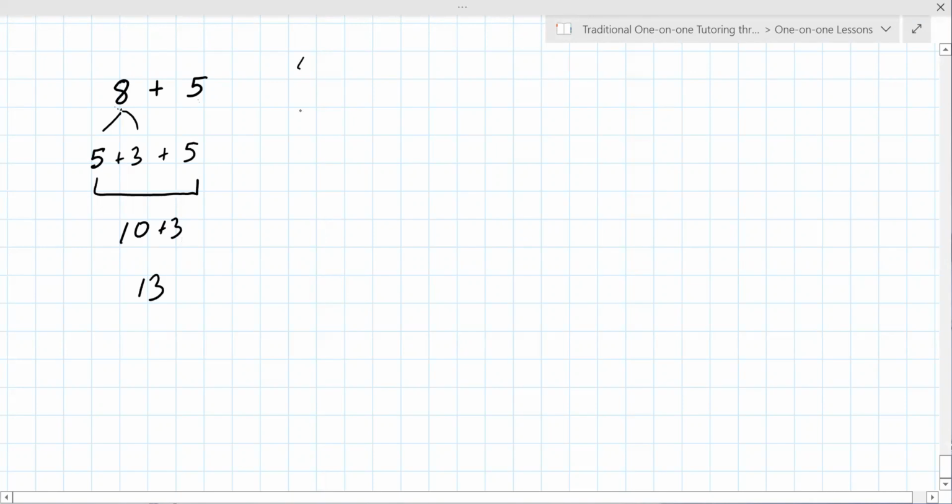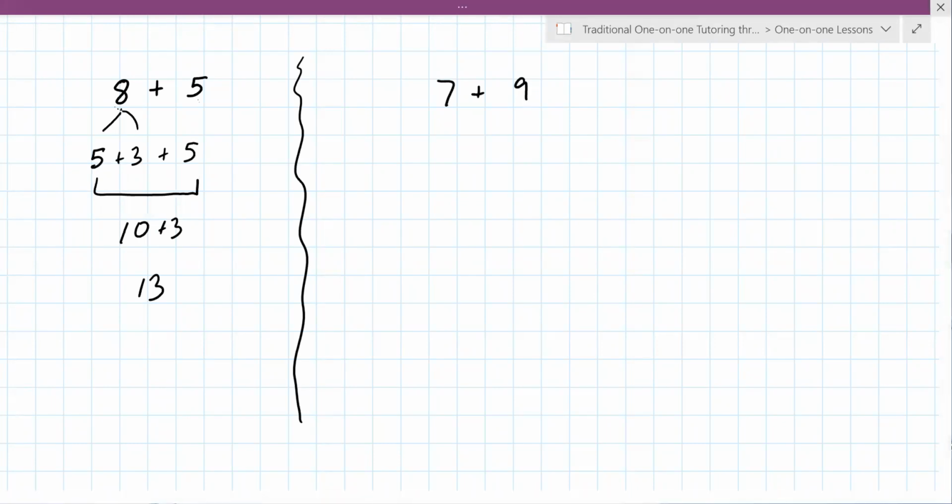Okay, so let's try another one here. How about 7 plus 9? So again, you can either break apart the 7 or the 9.